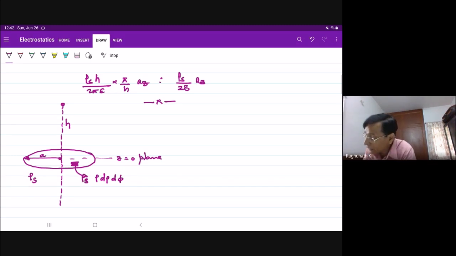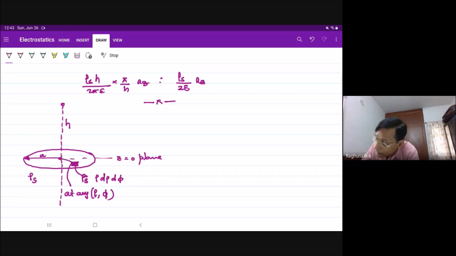Rho s is the surface charge density. At any rho comma phi, z equal to 0, whenever I want to determine the electric field intensity because of this disk, I need to consider the electric field intensity because of this element.